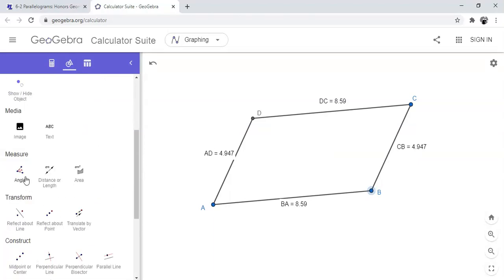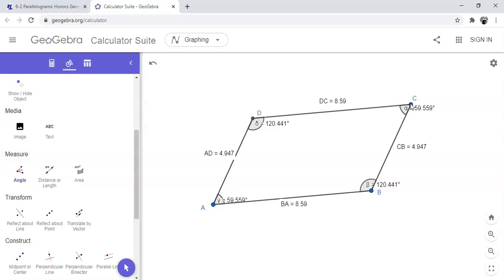Well, what else looks like it might work together? So that angle is 59 and some change. That one's 120 and some change. Well, that's weird.